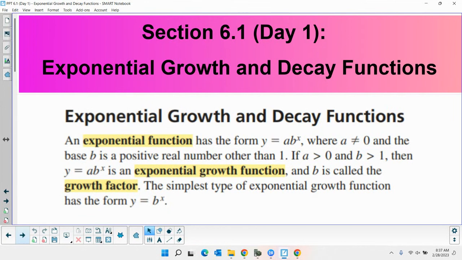The same, right? 1. So it wouldn't change, okay? When y equals ab to the x is an exponential growth function, b is called the growth factor. The simplest type of exponential growth has the form y equals b to the x power. So that's the simplest type, because a would be 1 there.